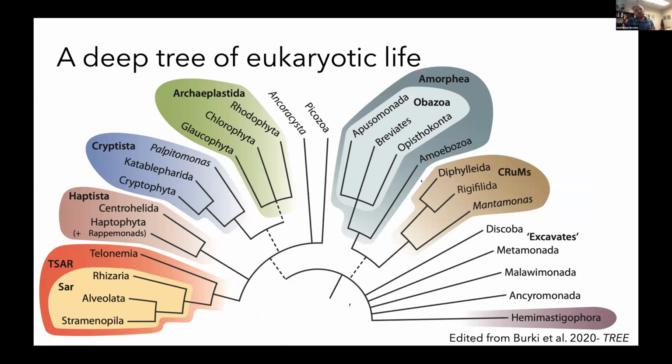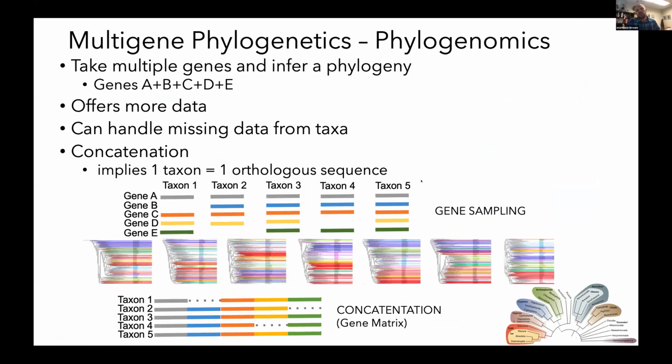So not only me but many of us on the Zoom meeting are very interested in very deep phylogenetics of the eukaryotic tree of life. And in order to do that, we really need phylogenomics. So just to go back to what phylogenomics is: this is taking multiple genes to infer a phylogeny, and then concatenating those all together to create a large data set matrix that we can then use phylogenetic tools to infer a phylogenetic tree.